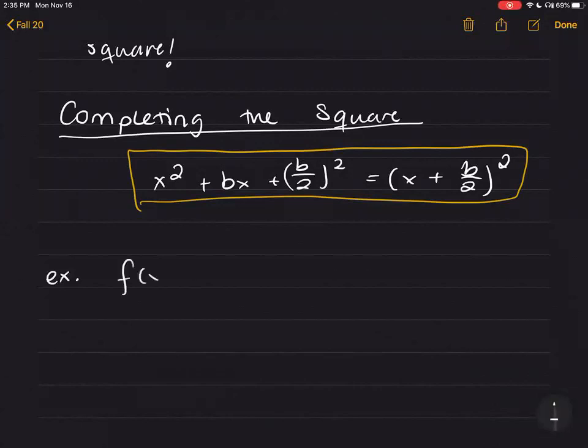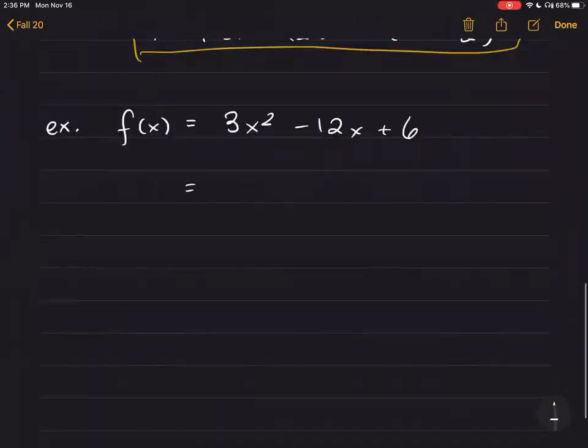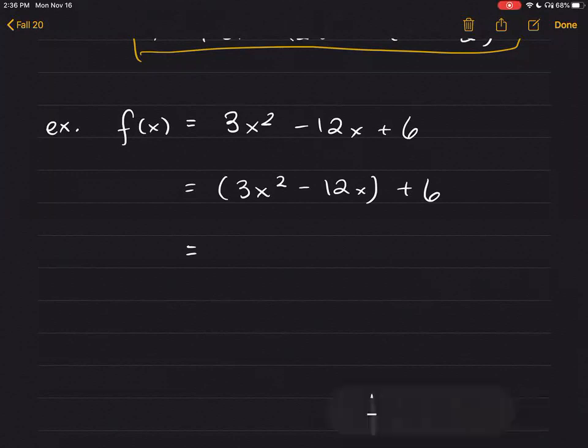Okay, so let's look at an example of completing the square in our context. So let's say we're starting with a quadratic function, and maybe it looks like 3x squared minus 12x plus 6. And so what I'm going to be doing first is I'm going to be looking at the stuff in parentheses. So I just put parentheses around there to emphasize that I'm looking at this first. And what we're going to do is you're going to want to take whatever number is in front of x squared, so in this case a 3, and you're going to want to pull it out of both terms.